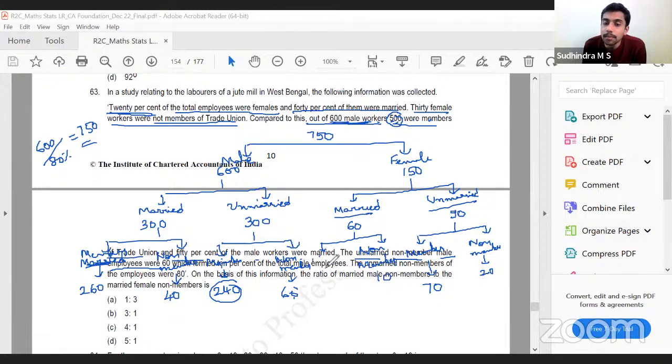If 10 are non-members, how many are members? 50. So we have all the information. They're asking us ratio of married male non-members. Married male non-members are 40, to married female non-members. Married female non-members 10. So 40:10, which is 4:1.